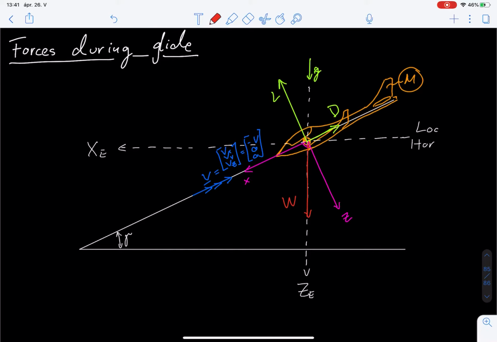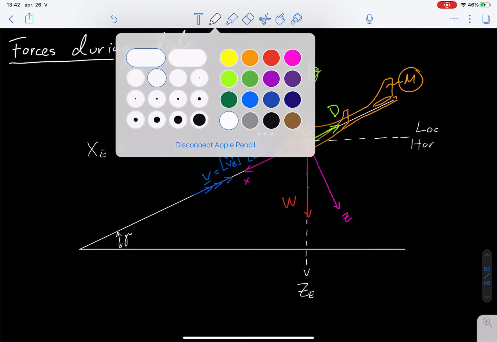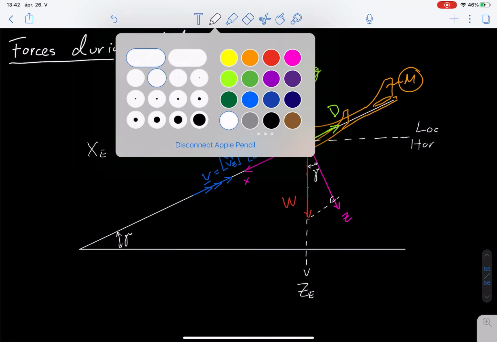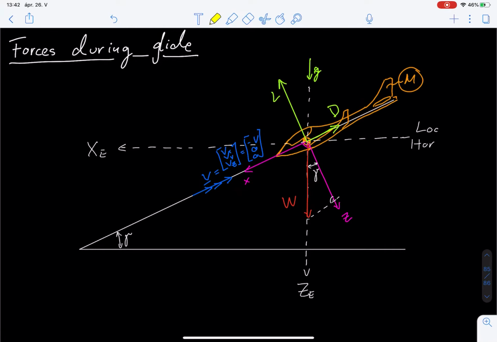Okay, so if we want to collect or summarize the forces in the axis of the aircraft, we're going to have to break down the weight into components of the vertical and longitudinal axis. So there's no surprise in that. We've done that quite a number of times, so you guys already know that this is going to be equal to the flight path angle. Basically from here we're going to pull perpendicular to the vertical axis, and we're going to break down the weight into two components basically.